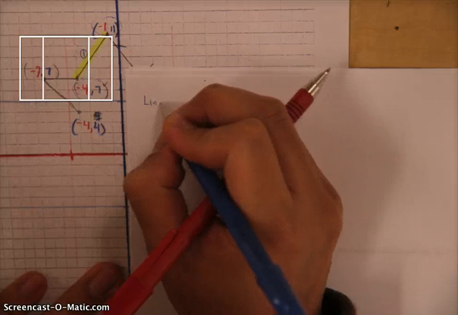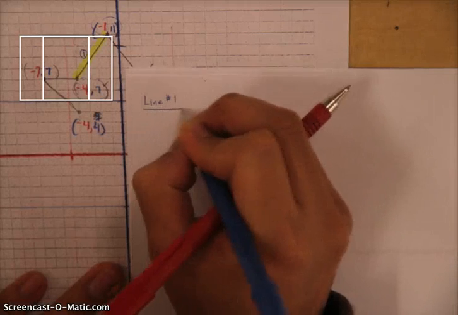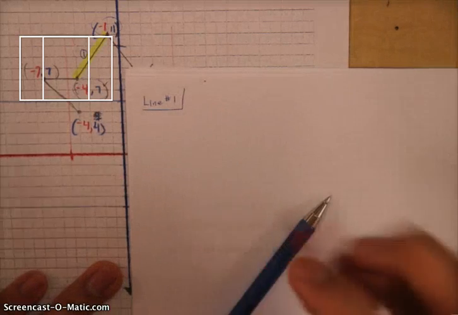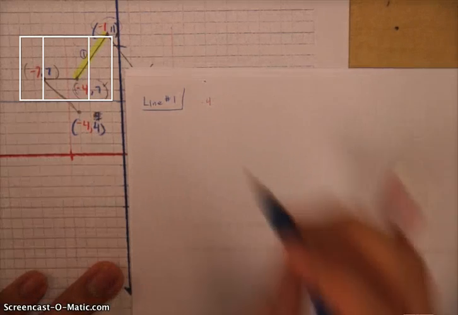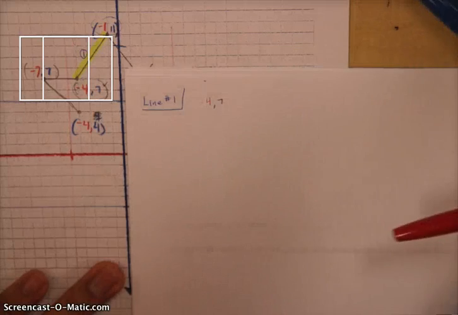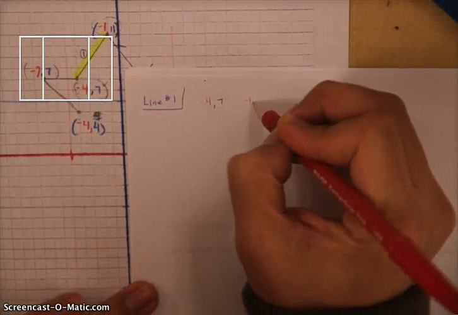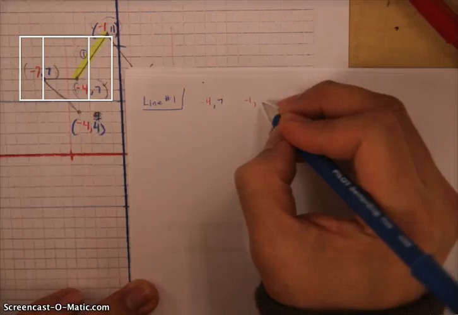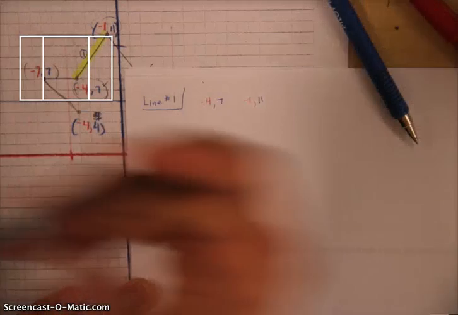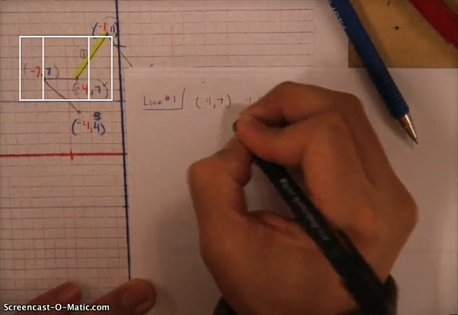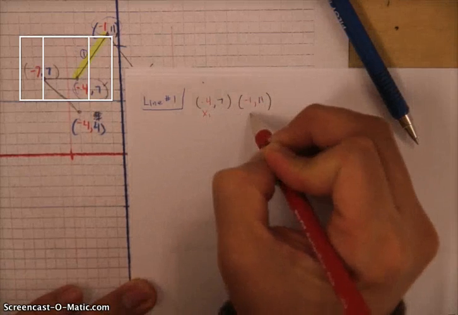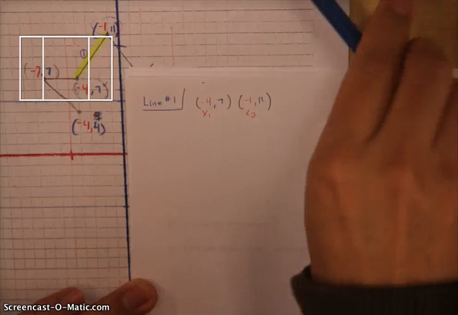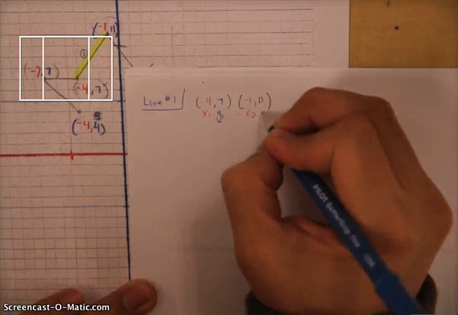I have -4 comma 7, and this other point, -1 comma 11. I can label each part: x1, x2, y1, and y2.